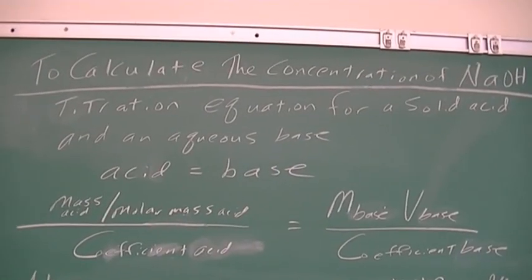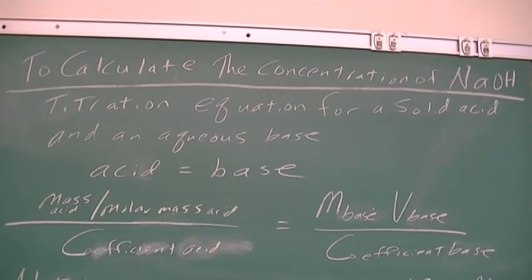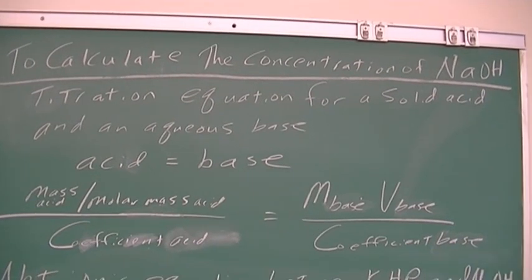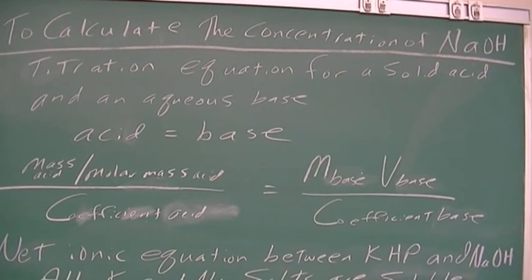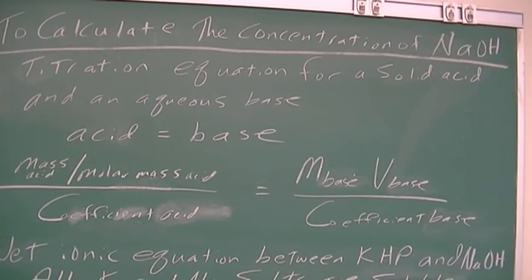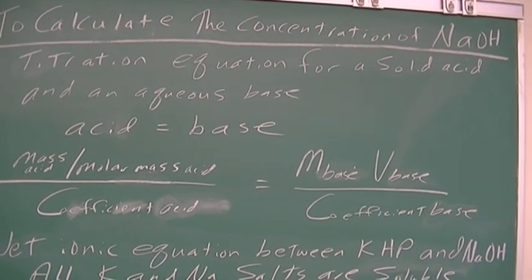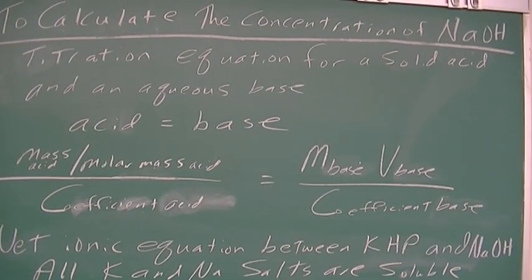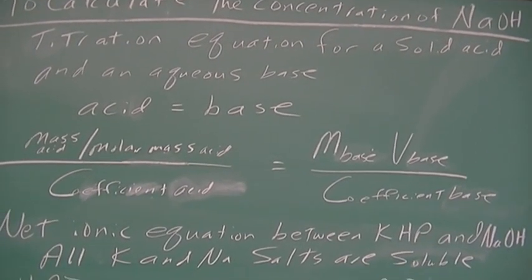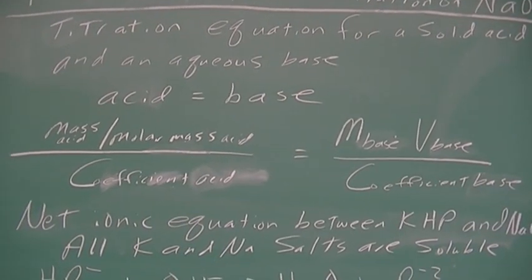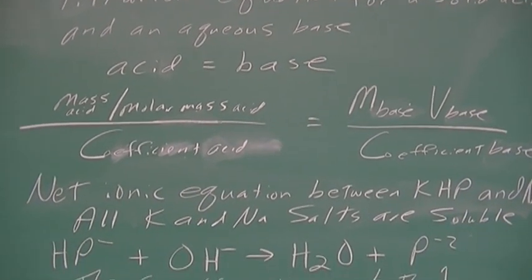All right, the calculations. To calculate the concentration of your NaOH, you use the titration equation for a solid acid. KHP was a solid acid, and NaOH is an aqueous base, a liquid. So your acid equals base for your titration.